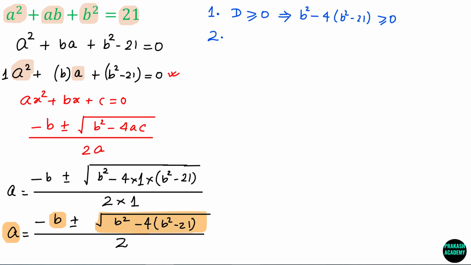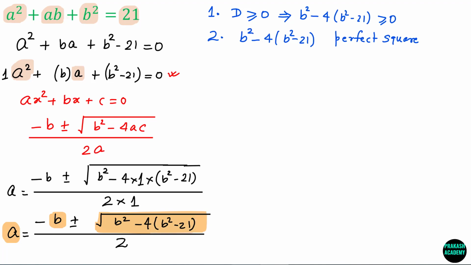So I can say this term b square minus 4 times b square minus 21 should be a perfect square. Then only it can come outside the root. Not only a perfect square, this also should be a natural number.